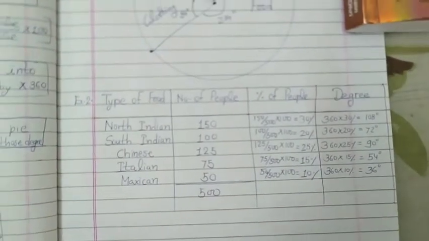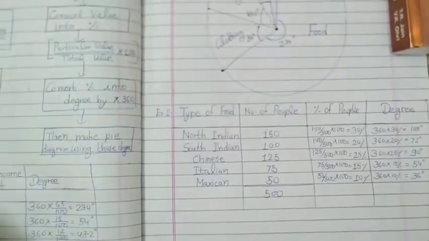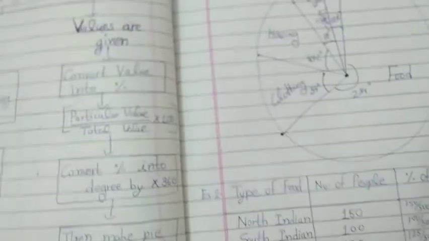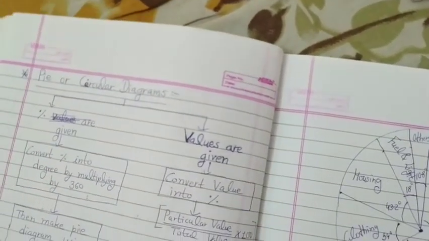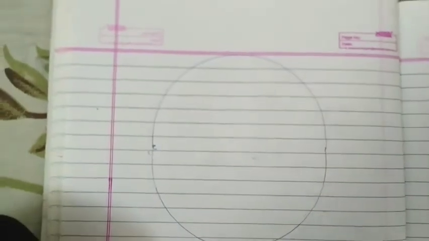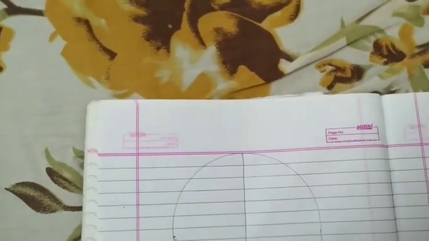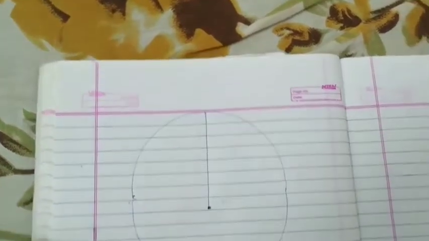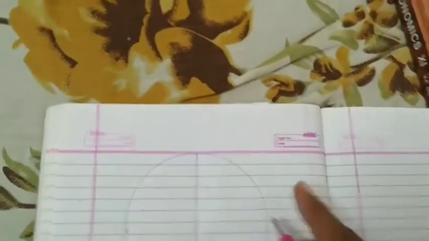Now we have to make a pie diagram using those degrees. So how can we make it? See this. We have to make a single line. Then the first degree is 108 degree.